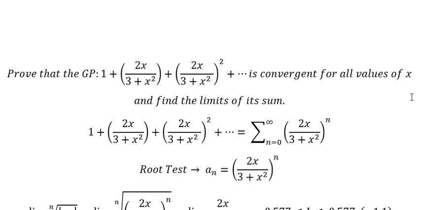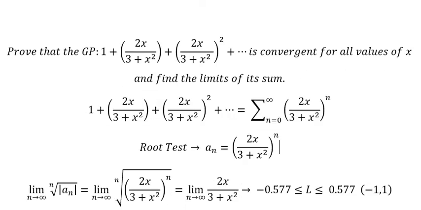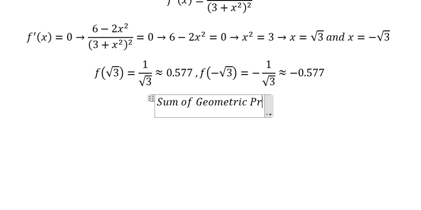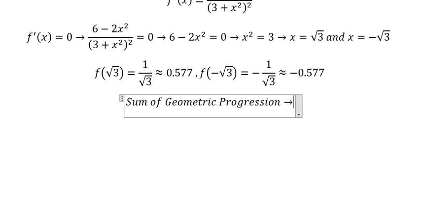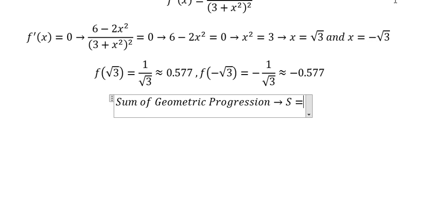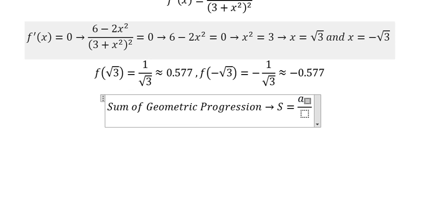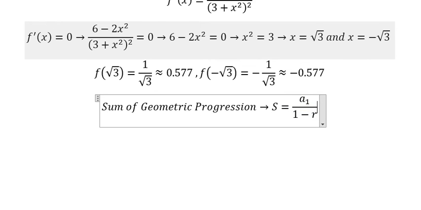Now the next one, we need to find the sum. Later we can find the limit. So we just apply the sum of a geometric progression. So we have S equals a, the first term in here, over 1 minus r.